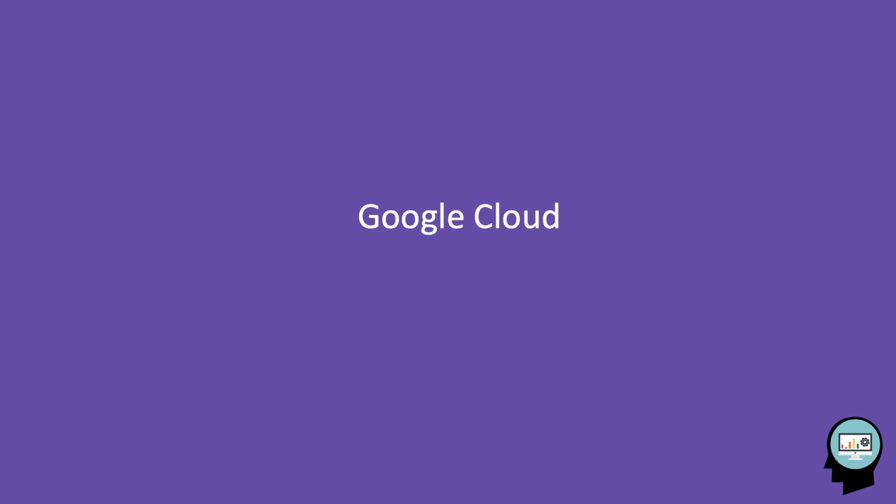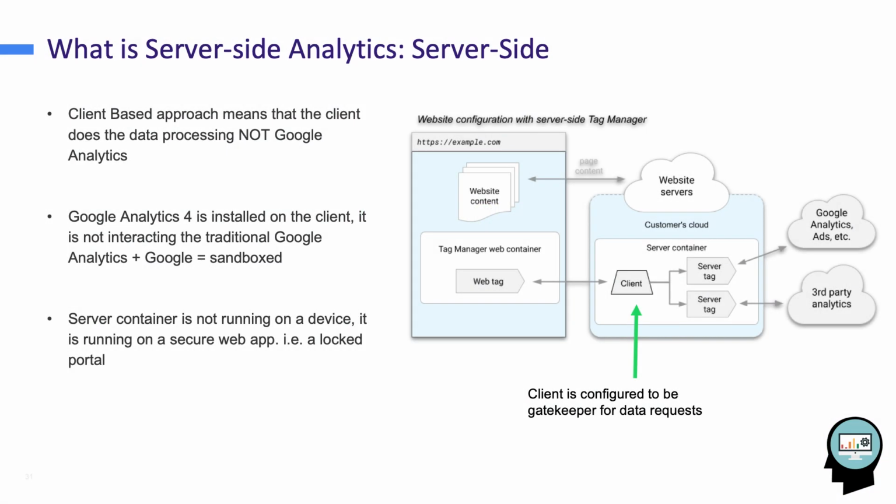So Google does all these. GA4 server-side does all of this. And you get to use your Google Tag Manager if you're a GTM aficionado. Moving on to the Google Cloud. Again, we've got our server representation. So basically in this example, GA4 would be installed on your own server.